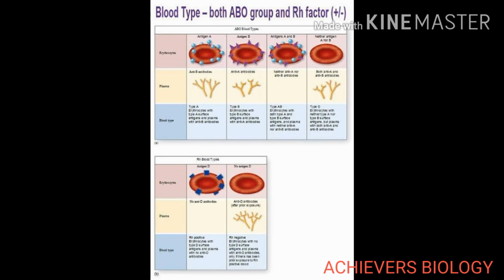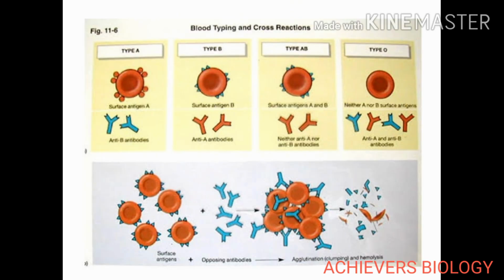So if the body has antigens on the red cell surface, there will definitely be corresponding antibodies in the serum, the blood. In case of antisera, group A has anti-B antibody corresponding to the A antigen on the red cell surface.